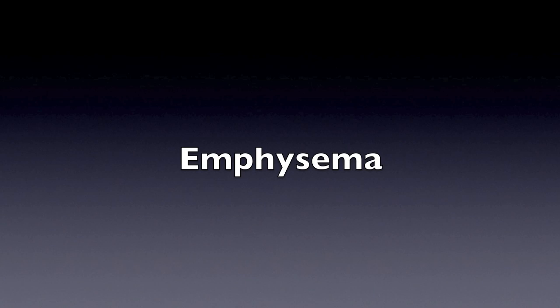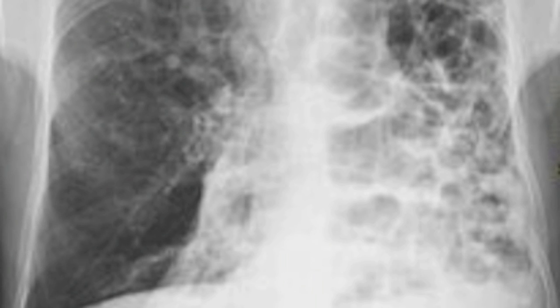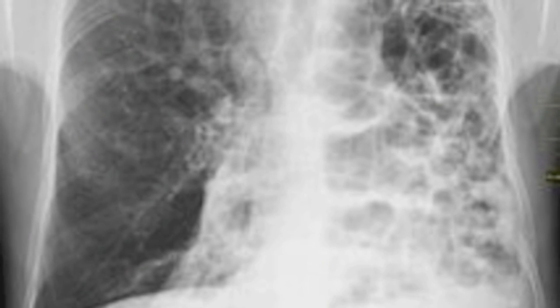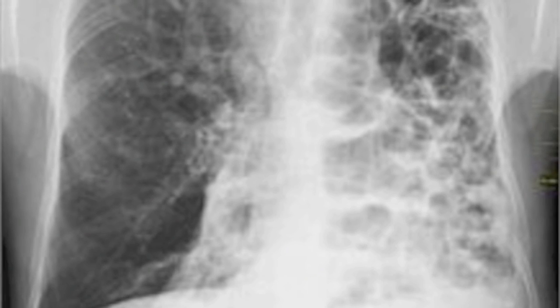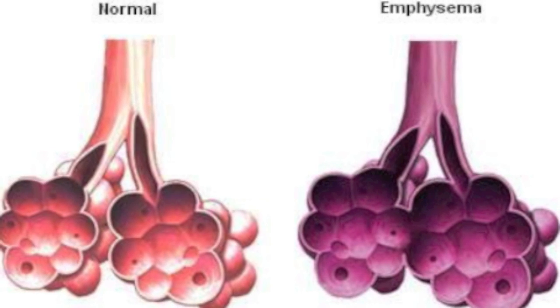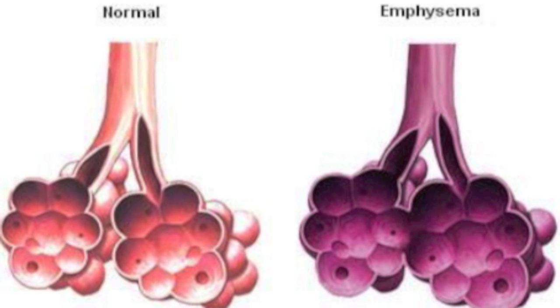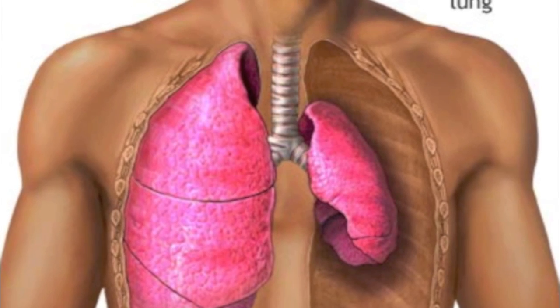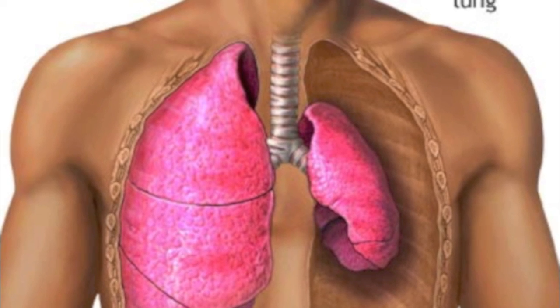Emphysema is a chronic respiratory disease. It is characterized by an inflation of the alveoli, causing a decrease in the function of the lungs. The main cause of emphysema is smoking, which stimulates inflammatory cells in the lungs, leading to swelling within the bronchioles.